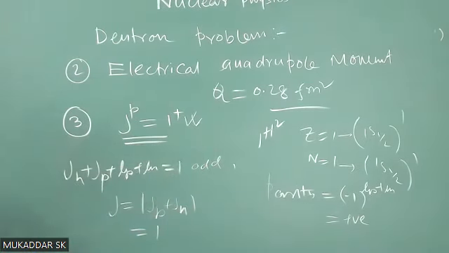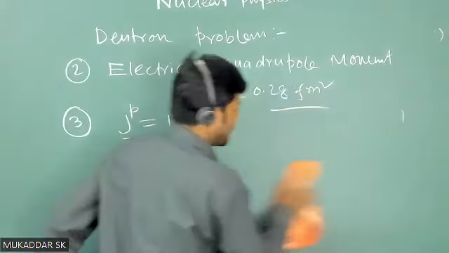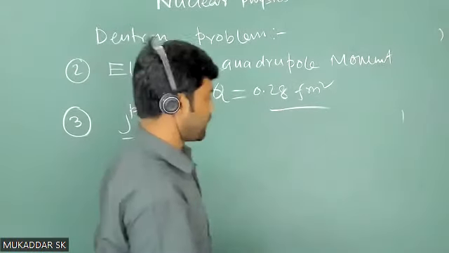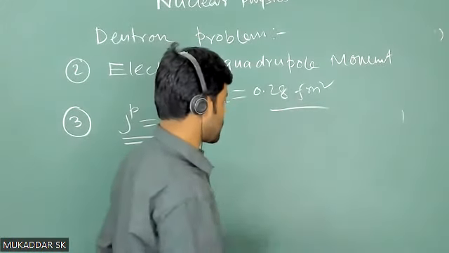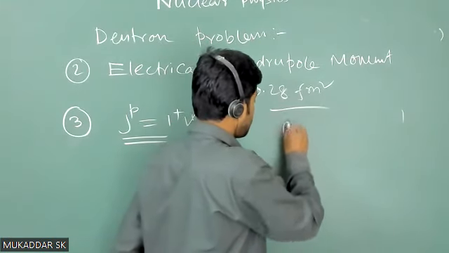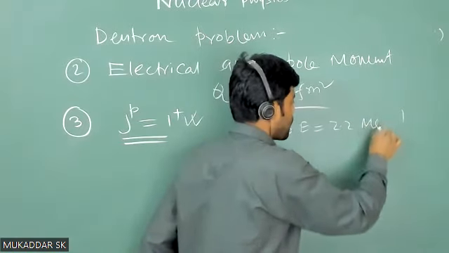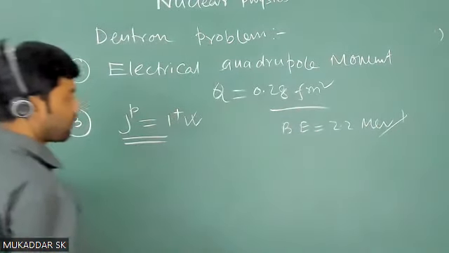The first point I wrote for you was the total binding energy; you can also calculate that. You wrote it as 2.2 MeV. From here you will calculate.